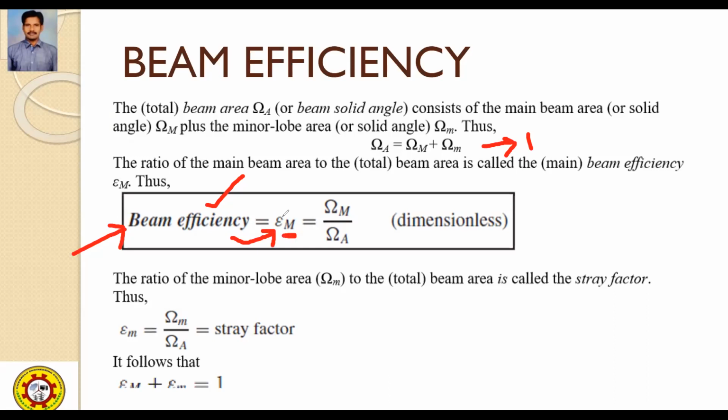So epsilon m may be called the ratio of the main beam area to the total beam area. That is called beam efficiency.